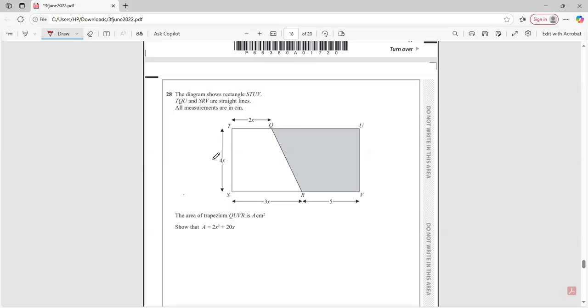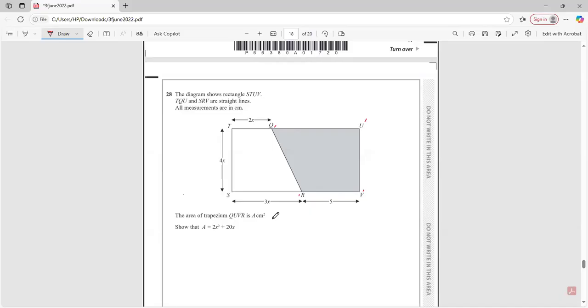The area of trapezium QUVR is A cm squared. Okay, so let's even establish where QUVR is. This is Q, this is U, this is V, and this is R.